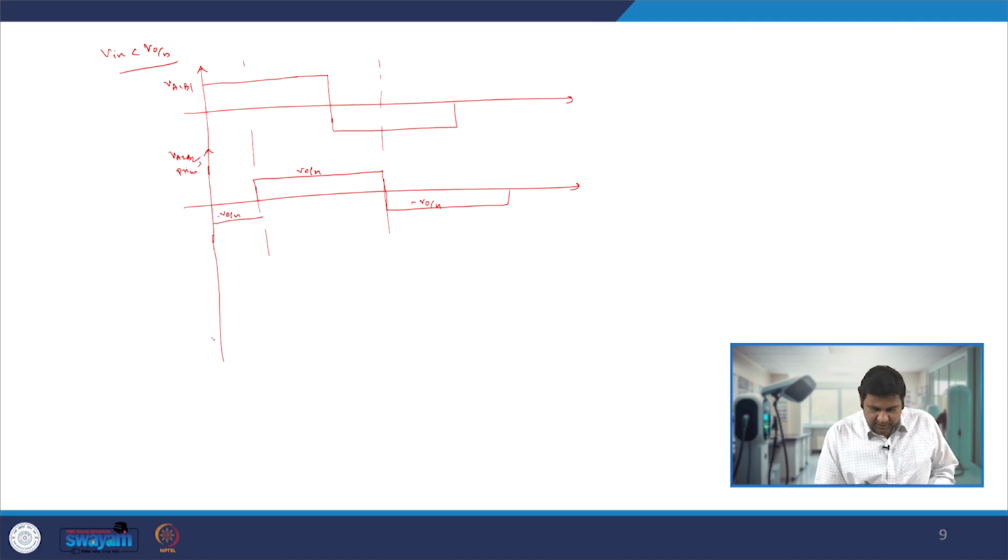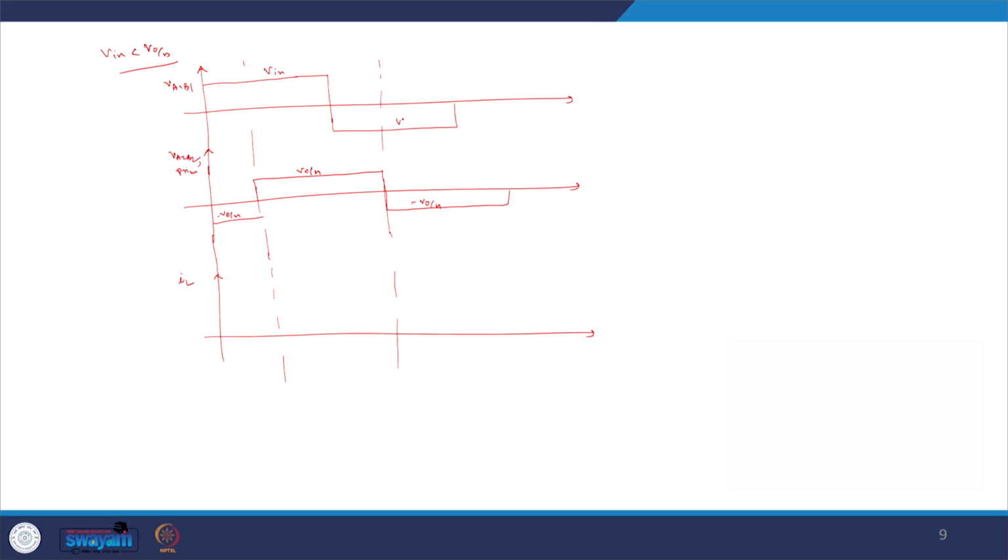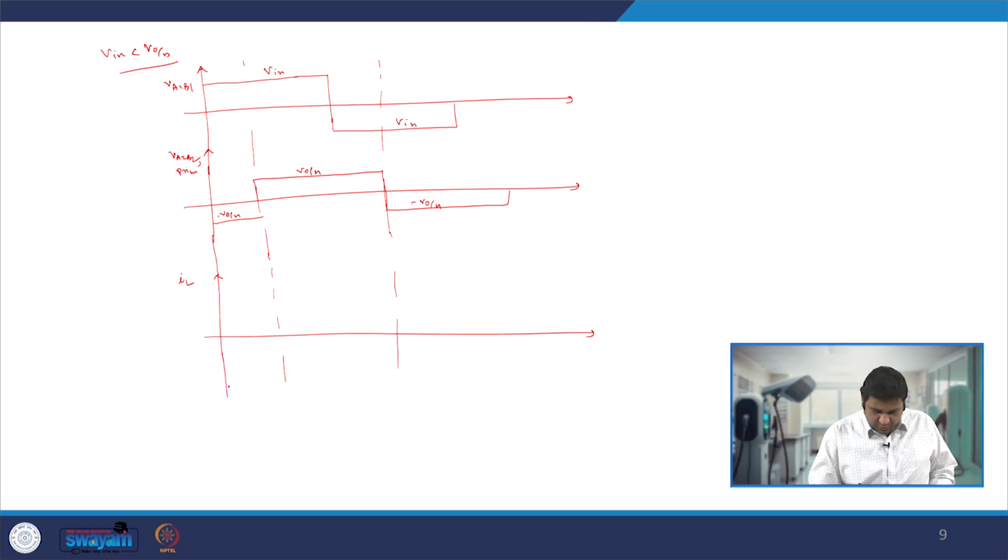If we see our inductor waveform IL, this is my V in voltage. At this point it goes sharply up with a slope of V in plus V naught by N by L. With that slope it is going.